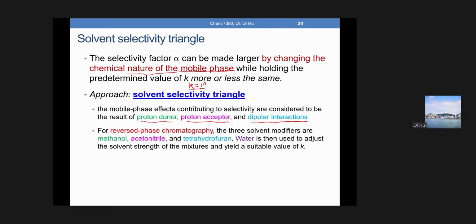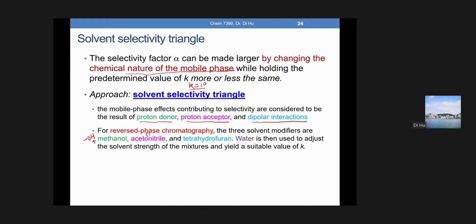For reverse phase chromatography, the three organic modifiers that correspond to these three are as follows. Methanol is proton donor. We say it's polar. Why? OH. This one is the donor. And ACN is what? Proton acceptor.